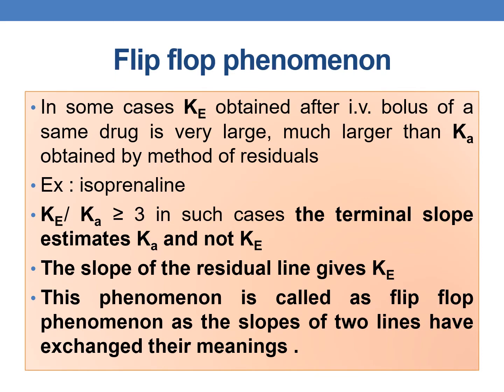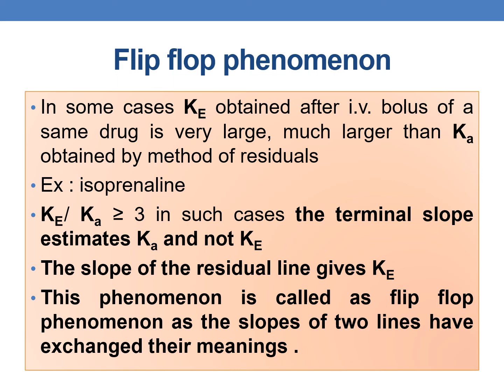Now, the method of residuals also exhibits the flip-flop phenomenon. So what is the flip-flop phenomenon? In some cases, as we have discussed previously, Ka must be greater than Ke. But in some cases, Ke obtained after IV bolus of the same drug is very large, much larger than Ka. So in some cases, Ke will be greater than Ka.